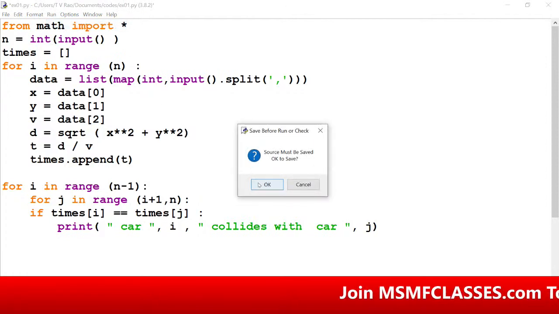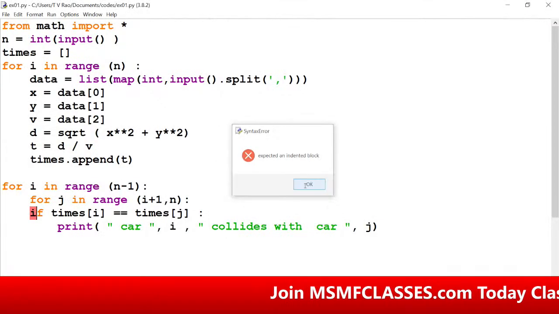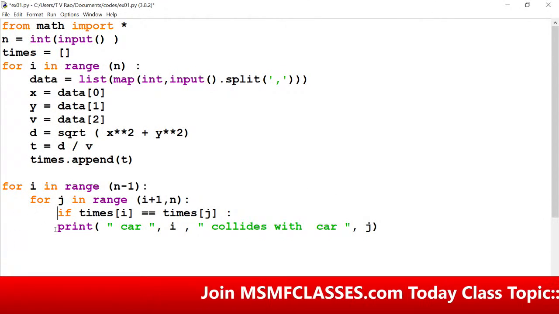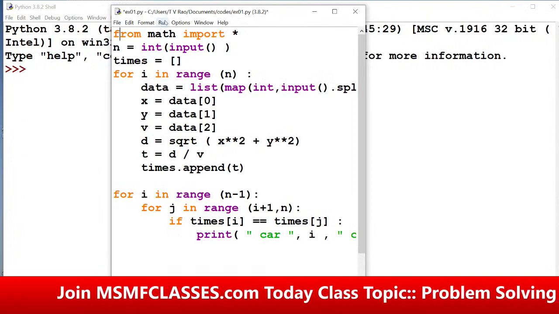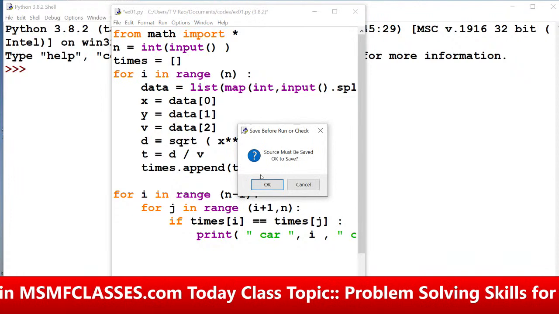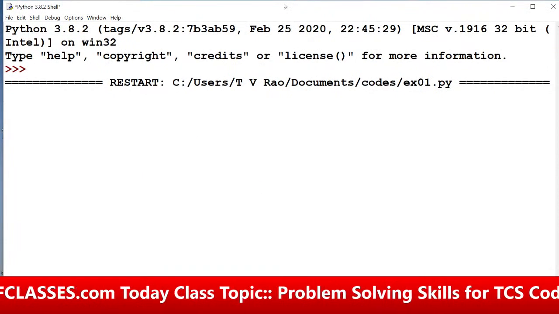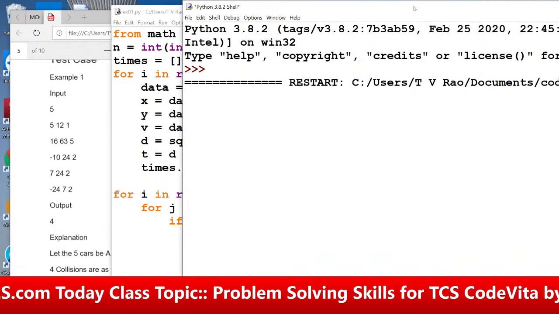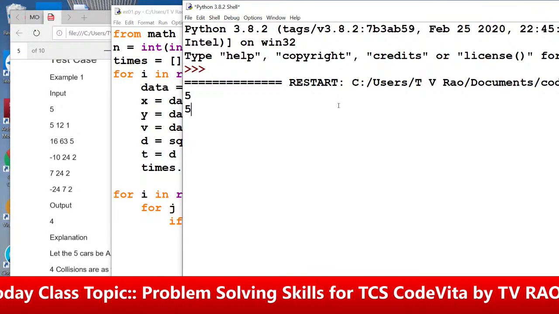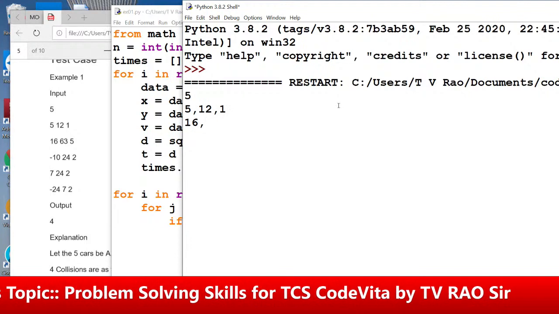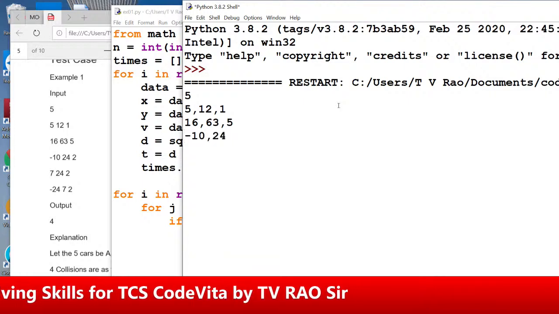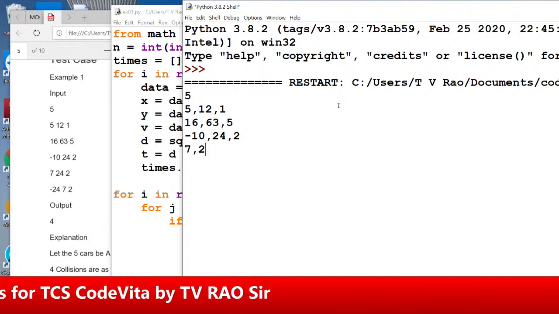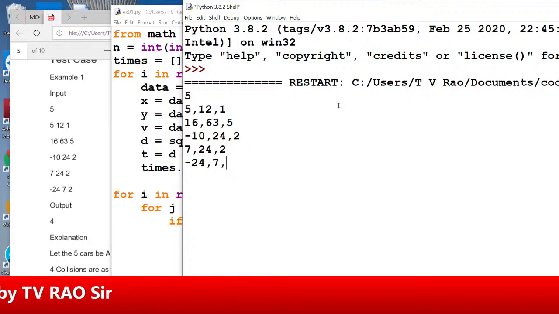Now feed the information. Input 5 cars: 5 comma 12 comma 1, 16 comma 63 comma 5, minus 10 comma 24 comma 2, 7 comma 24 comma 2, minus 24 comma 7 comma 2.